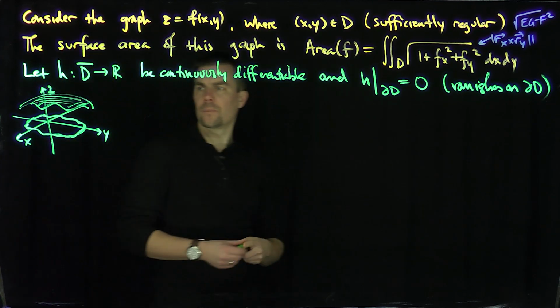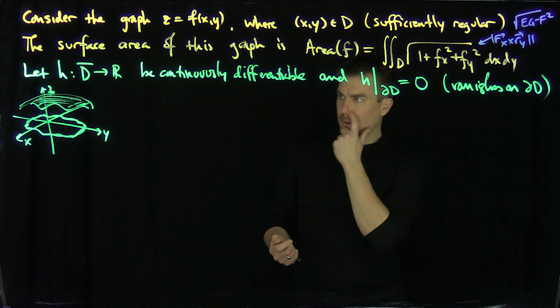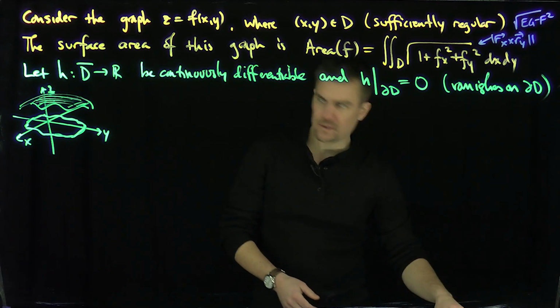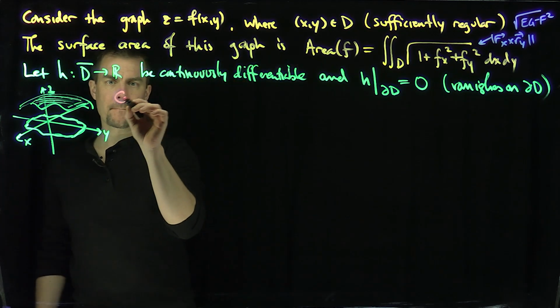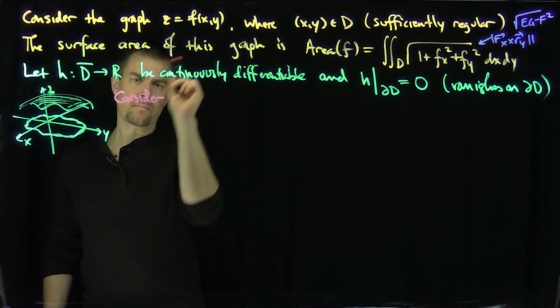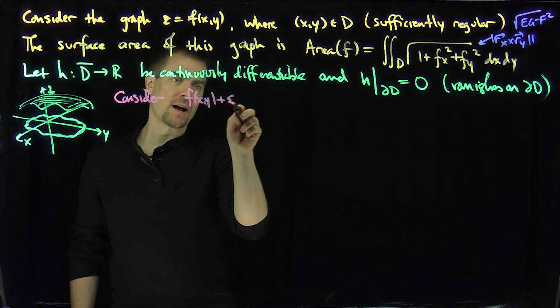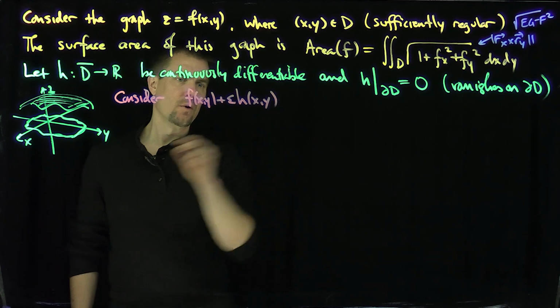Then I'm going to perturb this, but the boundary is not going to change at all. So let's consider the function f of x, y plus epsilon h of x, y.